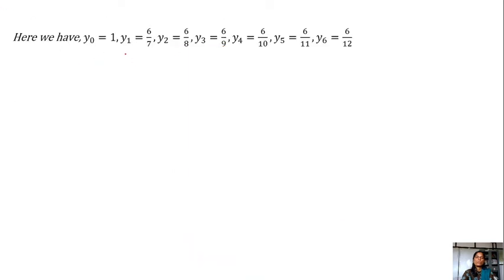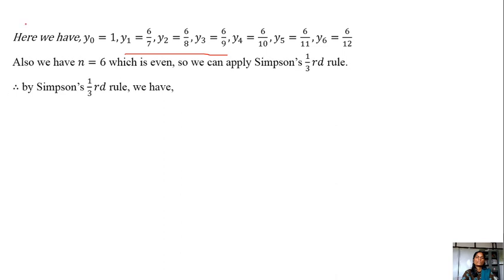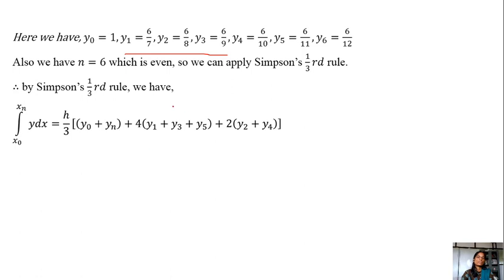As n equal to 6, which is even, we can apply Simpson's one-third rule. So write down Simpson's one-third rule: the integral from x0 to xn of y dx is h by 3 times y0 plus yn plus 4 times the sum where i must be odd, plus 2 times the sum where j must be even.